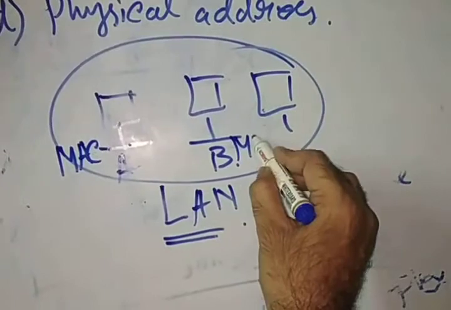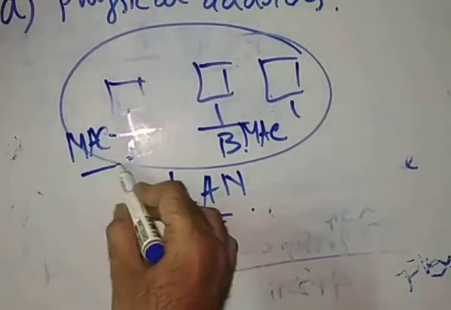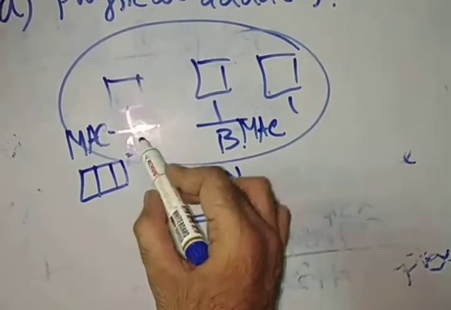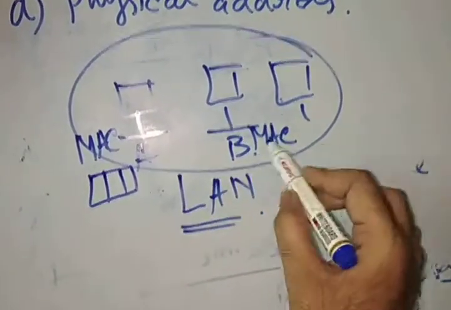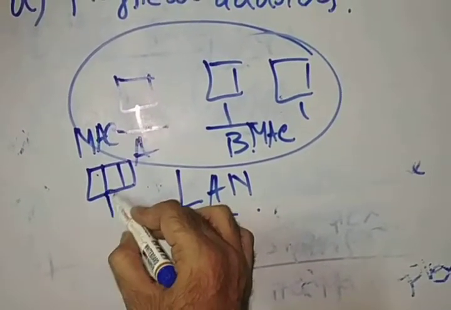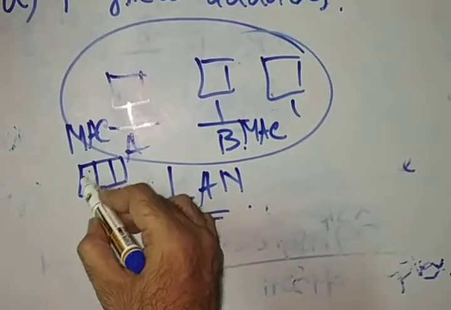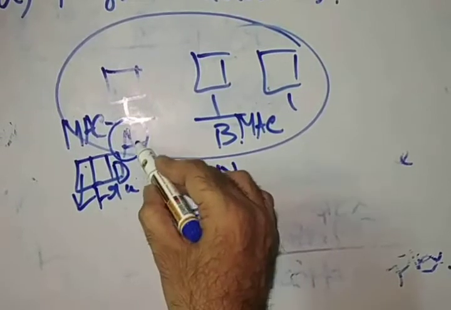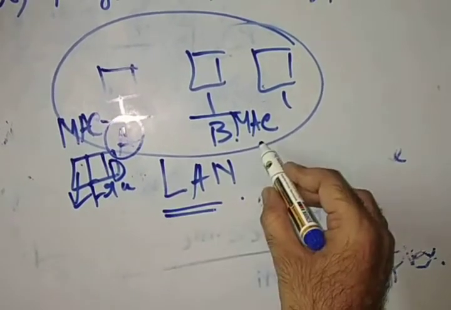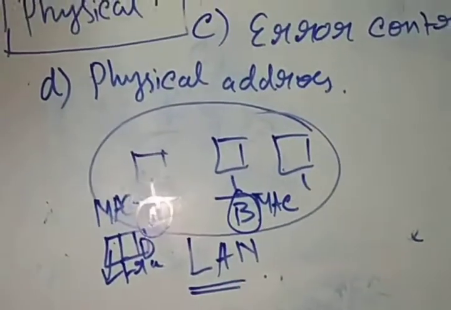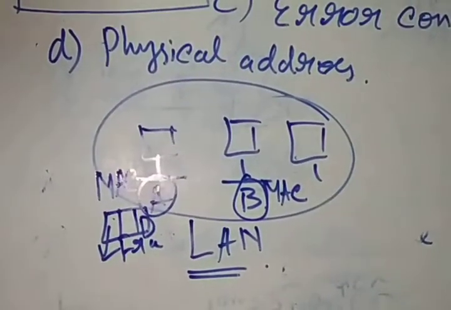The data packet sent by A as the sender and received by B as the receiver means that the source address of this frame is the MAC address of machine A, and the destination address of this frame is the address of machine B. So within a network, the data link layer looks after the physical addressing.